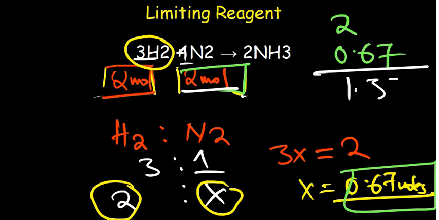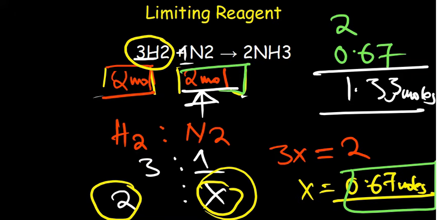That's why we use what finishes to predict the amount of the products and not what is in excess, because in the actual sense, not the entire 2 moles of nitrogen are going to take part in the reaction. If we subtract what had reacted, using the limiting reagent, from what was available, that gives us what was in excess. So 1.33 moles of our nitrogen was in excess.